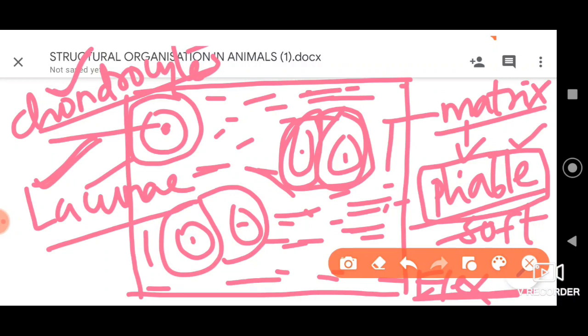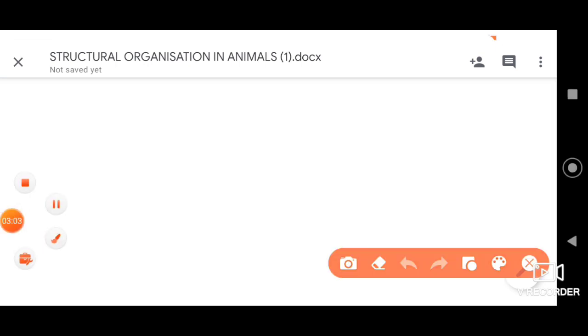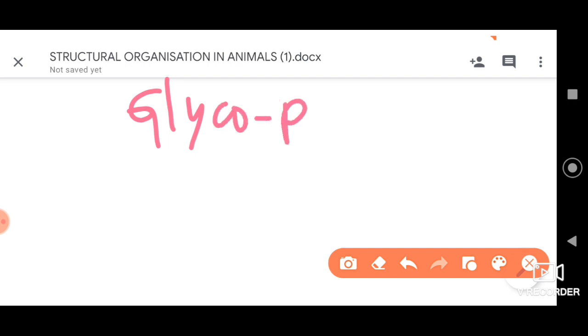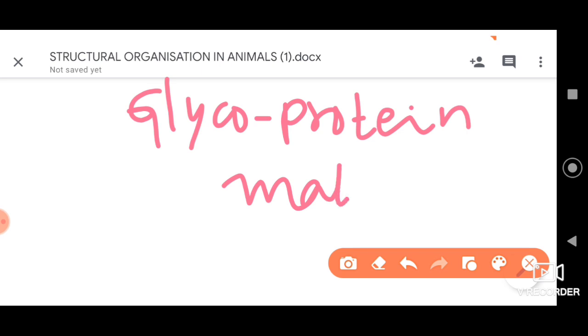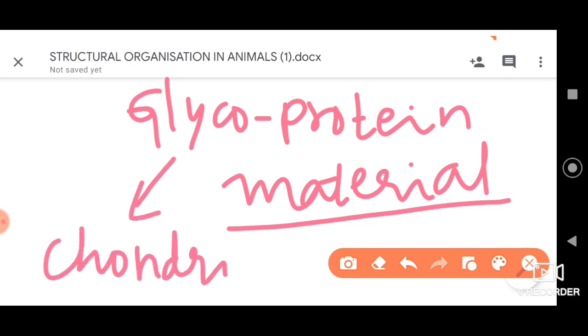All right, now moving ahead, let us also understand a few important aspects about the cartilage. See, dear students, the matrix of this cartilage has glycoprotein material, which is called chondroitin.